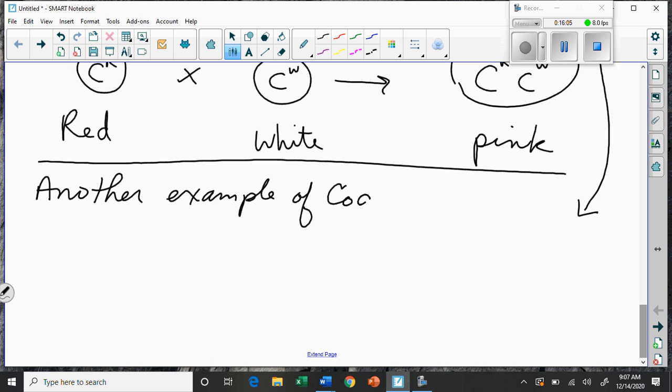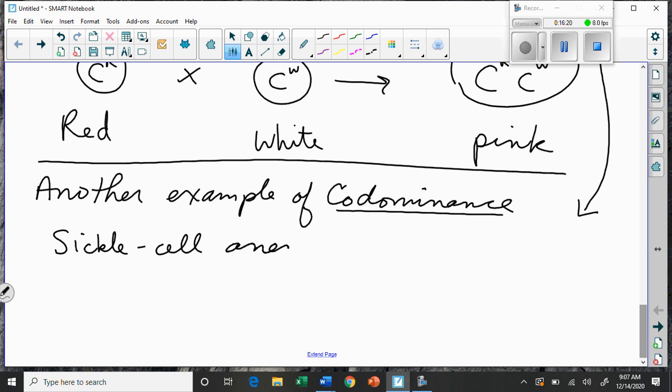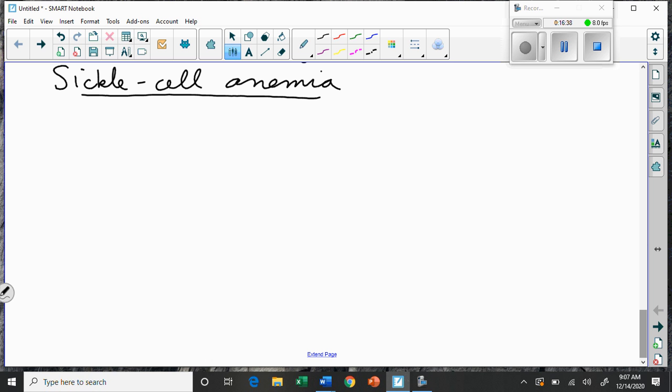And this is a human example. Codominance. And it's something called sickle cell anemia. And this is a disease that is caused by a genetic situation. I'm going to tell you how it works in a minute. So what happens in sickle cells is it affects your red blood cells.